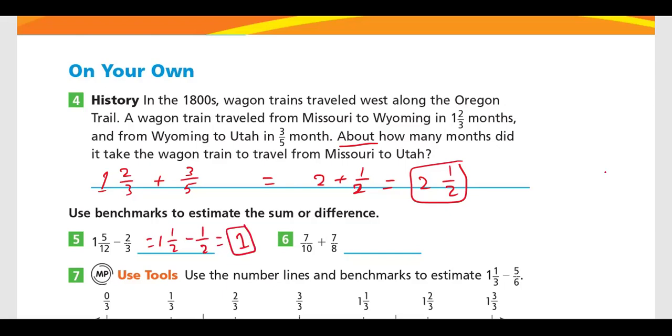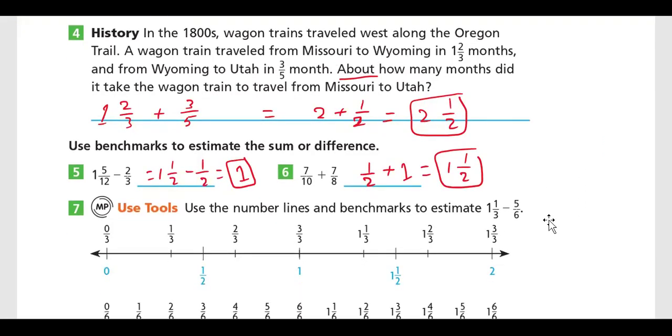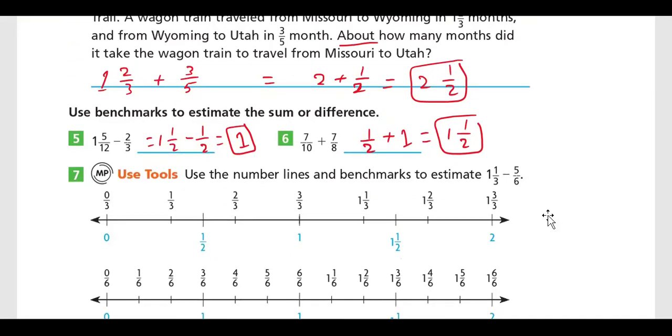7 over 10 is close to half, but 7 over 8 is close to 1. So if we add them, it will be 1.5. So this estimate may be a little different between any two.